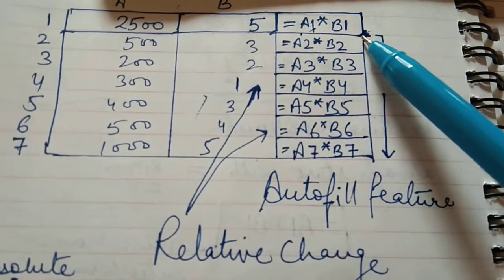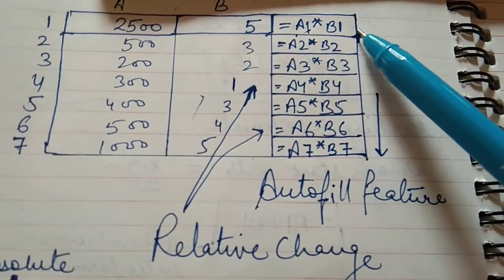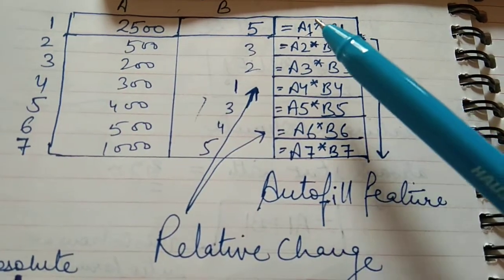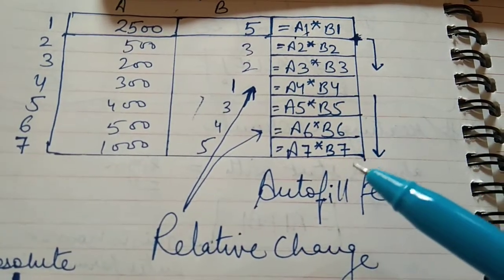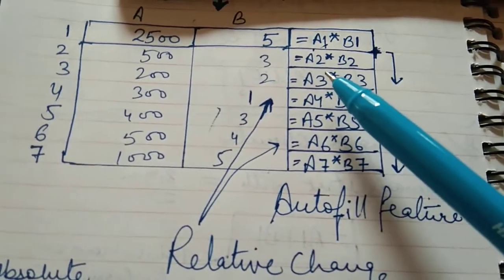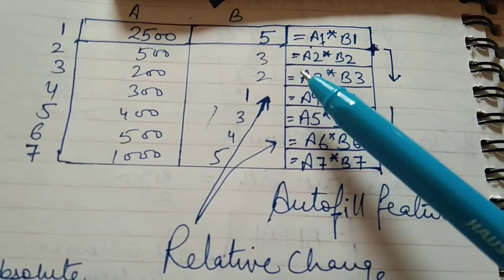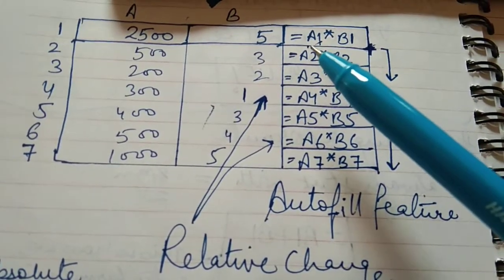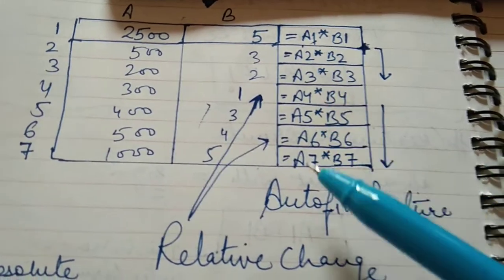But I want to copy the formula. So the plus sign, we have to drag it down and it will copy the same formula, that is the multiply sign, in all the cells, but with a relative change in it. Relative means by changing the row along with the mouse pointer, the autofill feature will automatically change the row number.